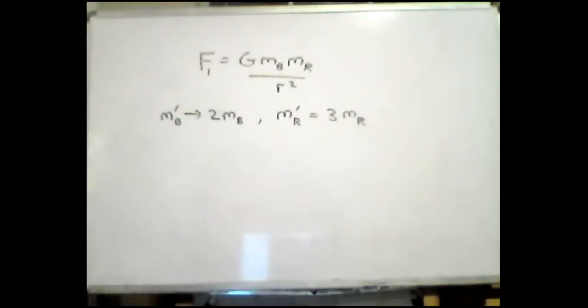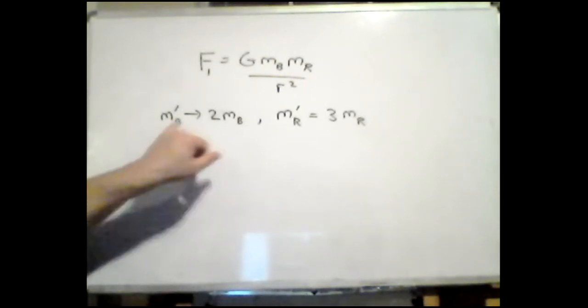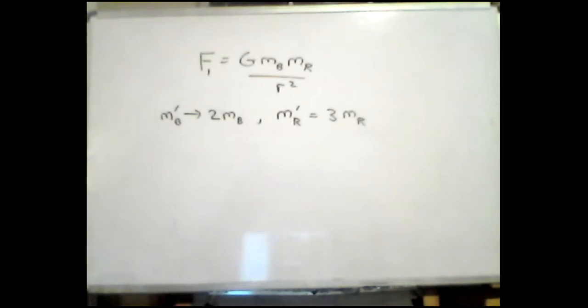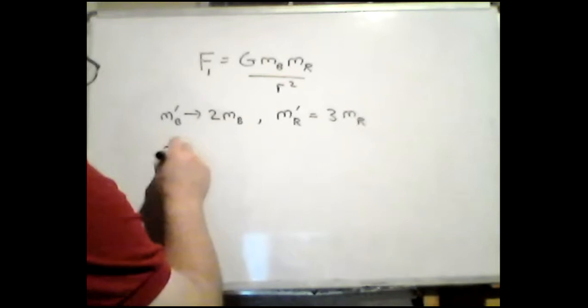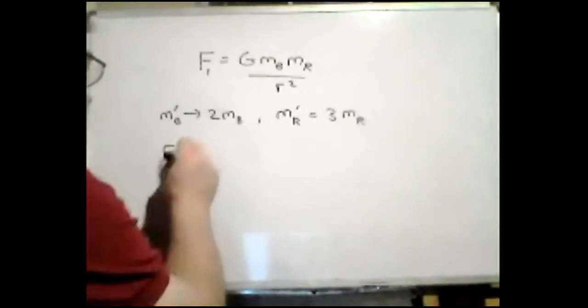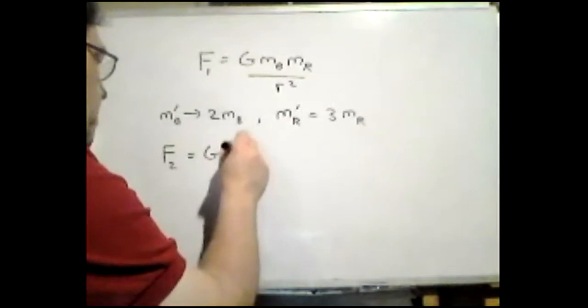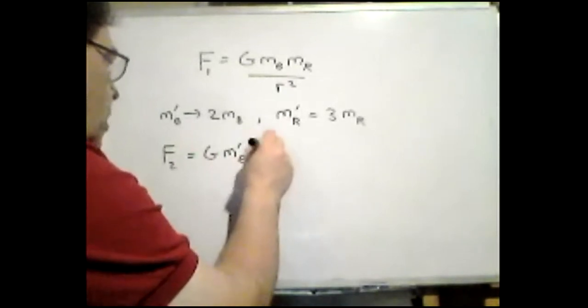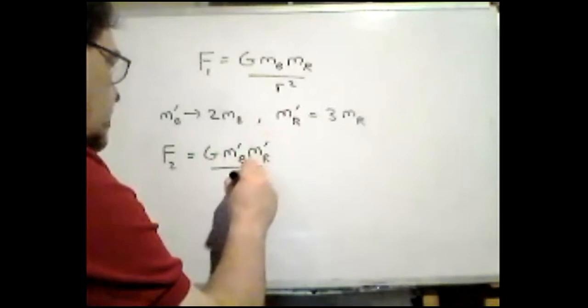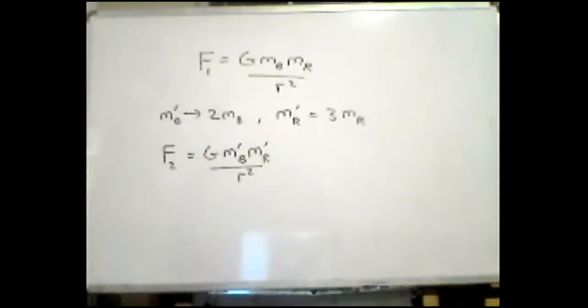If I have a new mass M sub B prime and a new mass M sub R prime, I would have another force, so I'll call it F2. It's going to be G, and then these new masses, M sub B prime and M sub R prime, divided by the same center to center distance R squared.